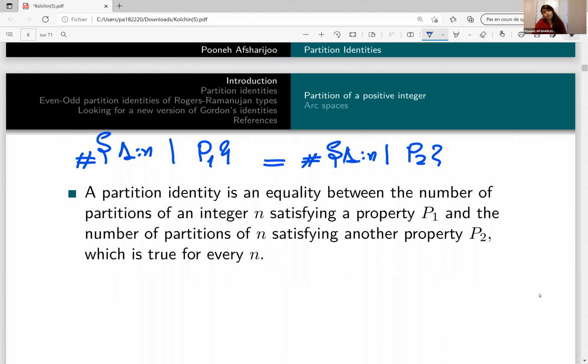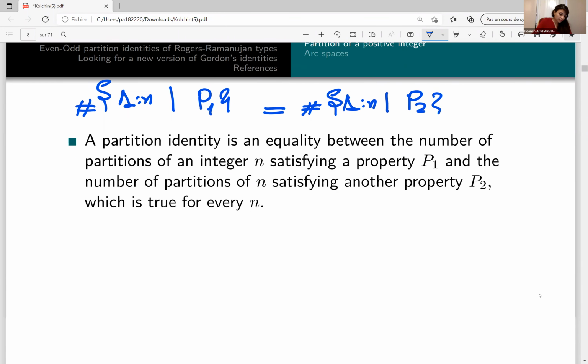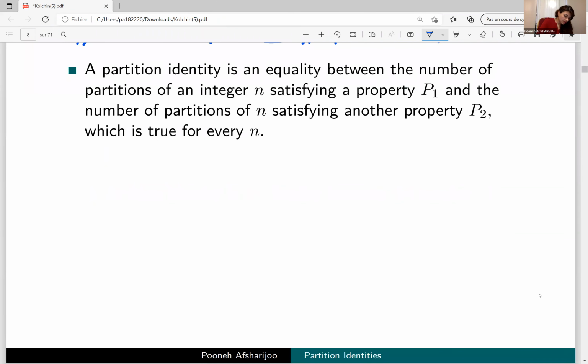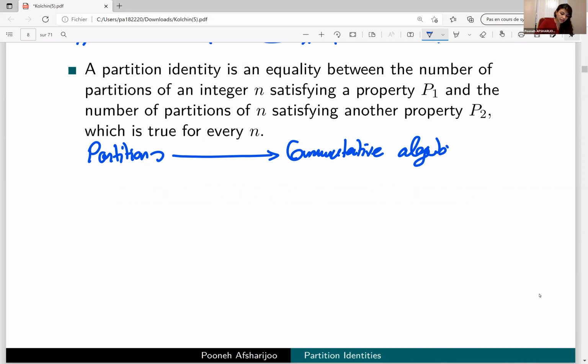Our first method to find such an identity is using commutative algebraic tools and algebraic geometrical tools. Our bridge from partitions to commutative algebra is Hilbert-Poincaré series, which are defined as follows.